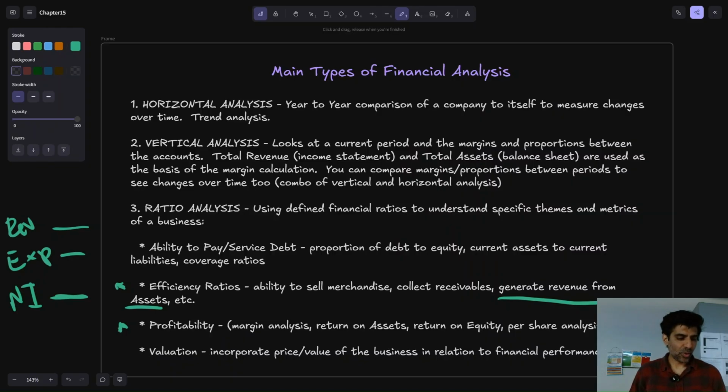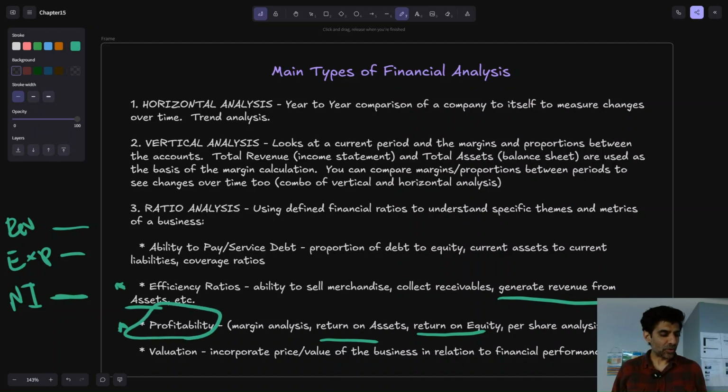So this is a whole theme. Return on assets, which is your profitability determined by how much assets you have. Return on equity, so what is the equity that the investors, the owners of the business, have contributed, as it relates to profit? So these are all profitability ratios.